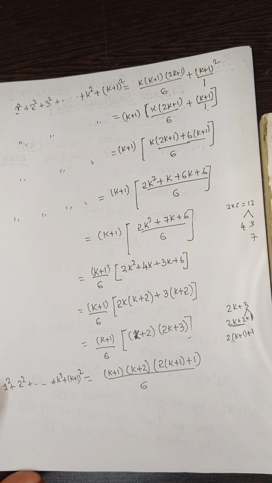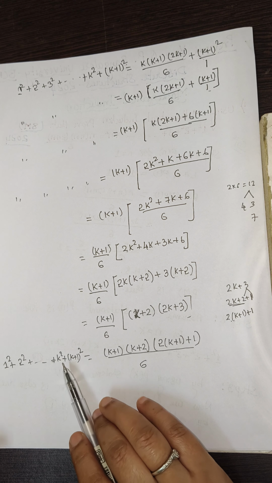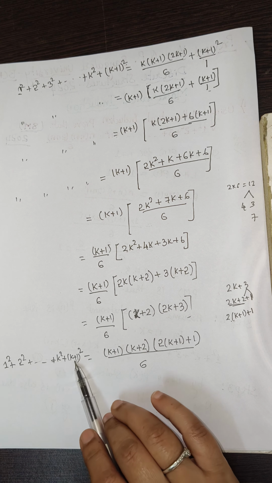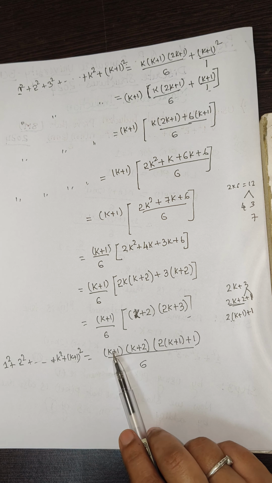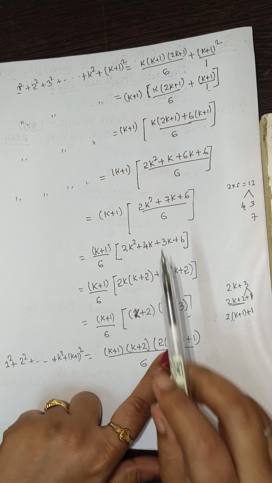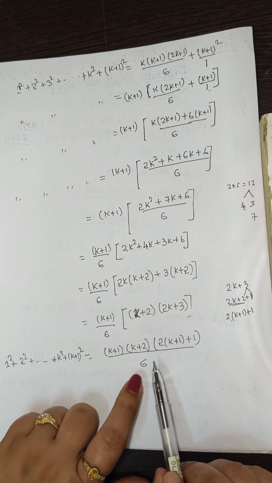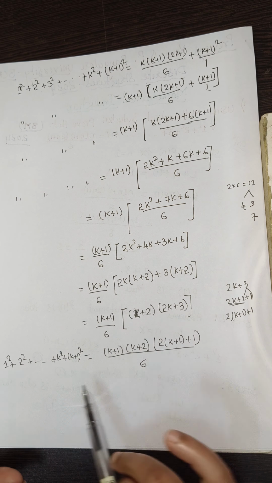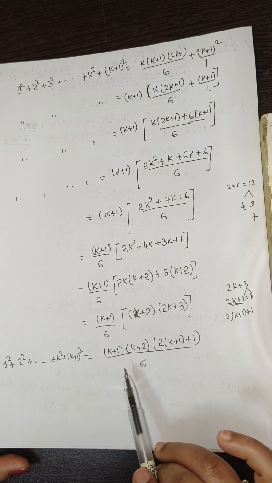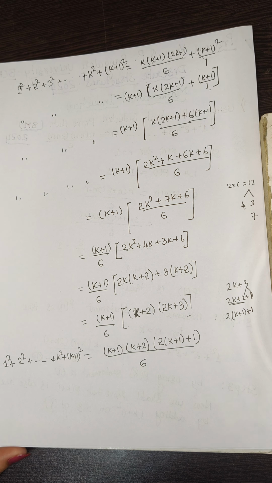So our statement is proved for k plus 1 also, because the left side also came the same, k square, (k plus 1) whole square. The right side also, instead of k it's k plus 1, k plus 1 is k plus 2, and it is 2 into (k plus 1) plus 1, divided by 6. So we proved here that k plus 1 is also true.